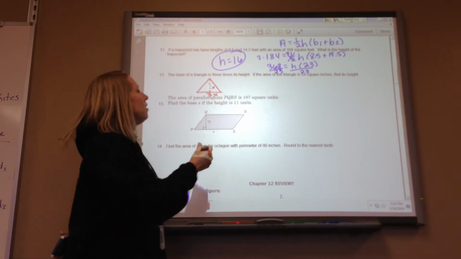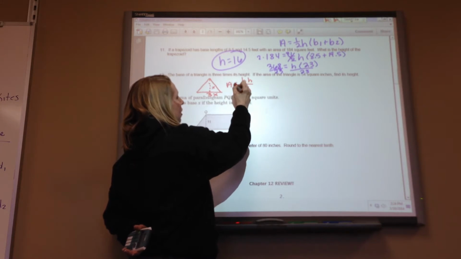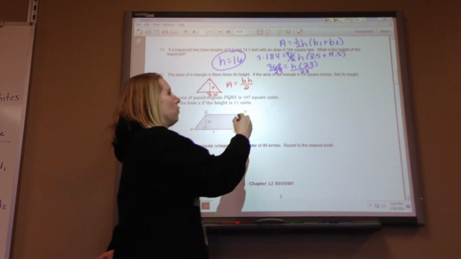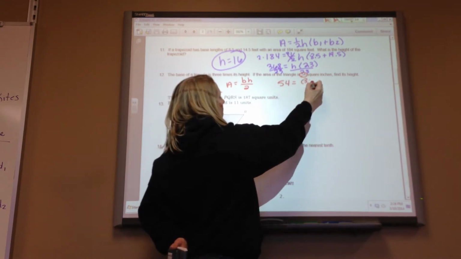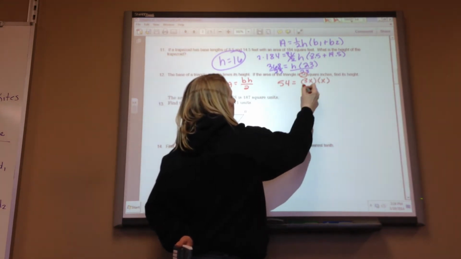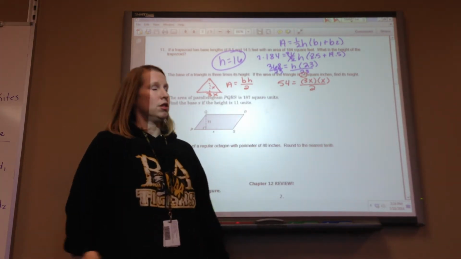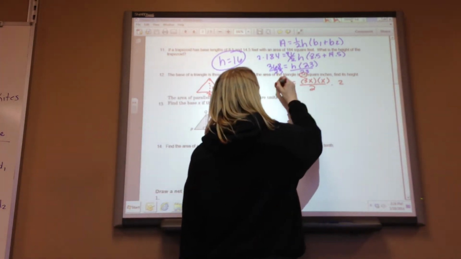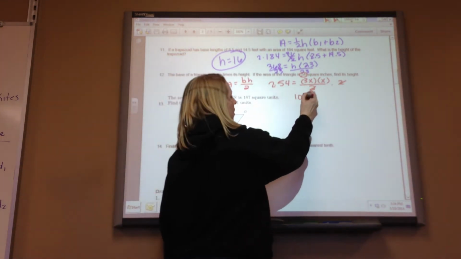Area of a triangle is base times height divided by 2. We know the area is 54 right here. So 54 equals base times height divided by 2. I would like to get rid of the 2 first, so I'm going to multiply both sides by 2. So 54 times 2 is 108.